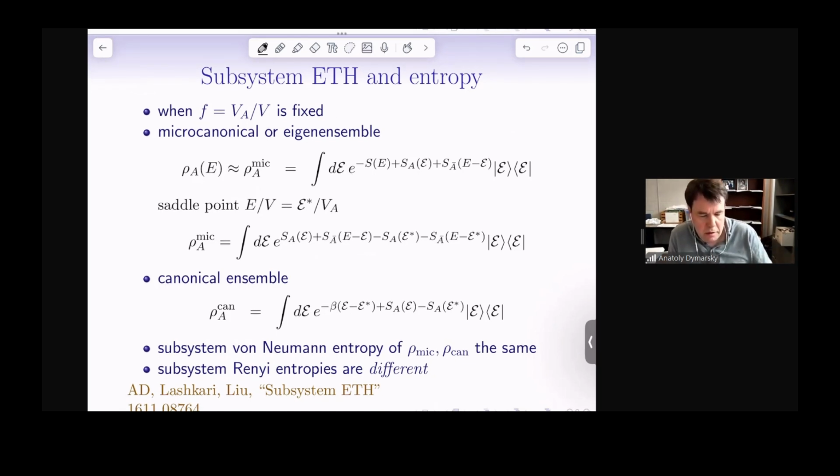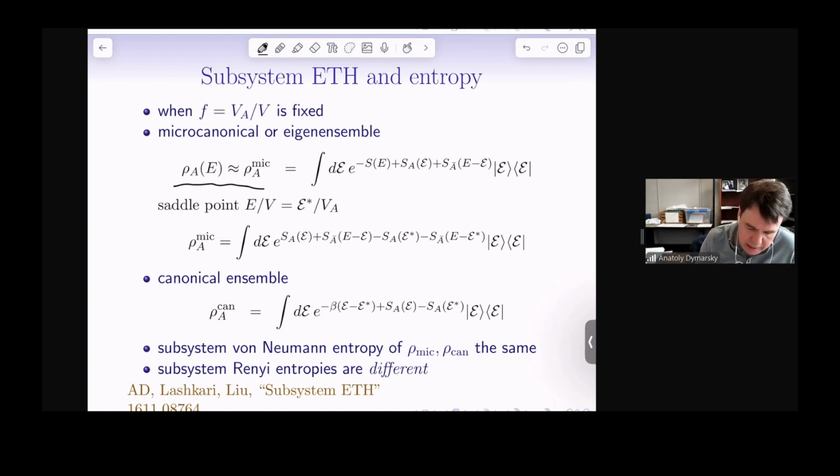And then already in this paper, which was put out almost 10 years ago, we said, let's try to apply this diagonal approximation to two basic scenarios. You can assume that your full system is in the eigenstate or in the microcanonical ensemble. For chaotic systems, that wouldn't matter too much.